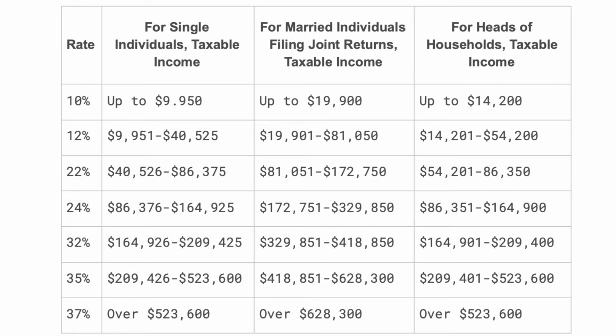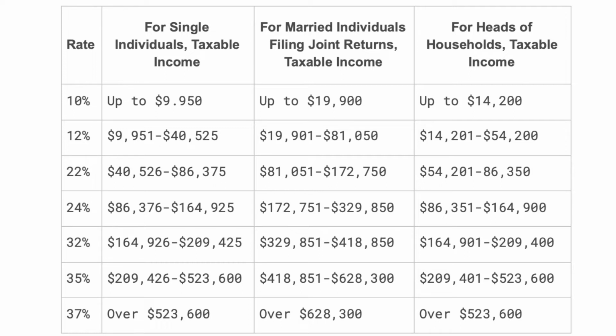Okay, guys? So if you're single with taxable income of $100,000, using this chart, that means you stepped on the 10% for the first $9,950 of income if you're single. Then you stepped on the 12% for the next chunk of taxable income, and then 22% for the next chunk, and then you stopped on the 24%.